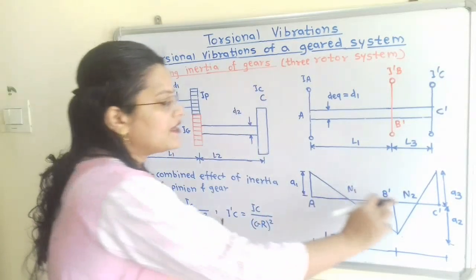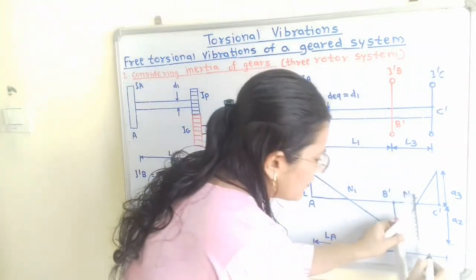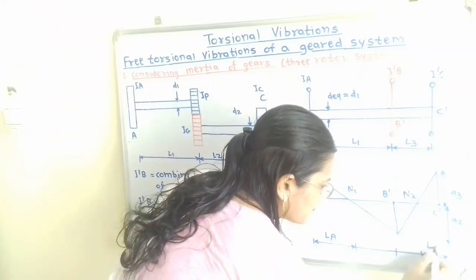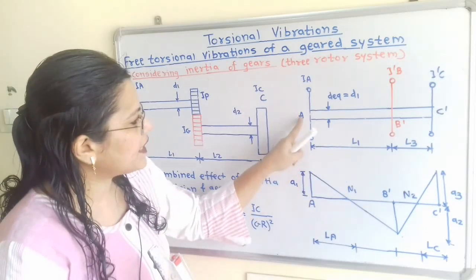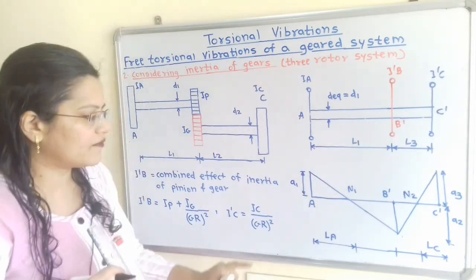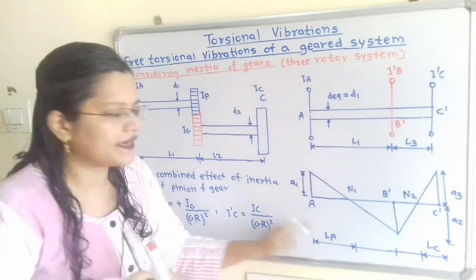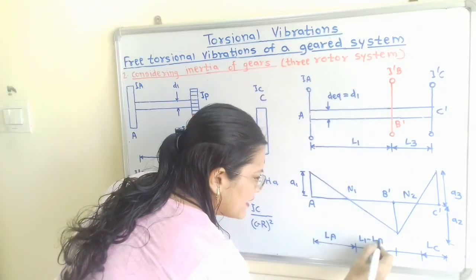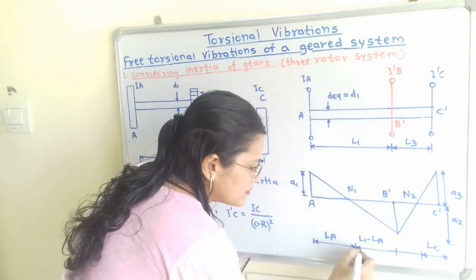In the same way, the distance of node point N2 from C dash, we will show here. This is known as LC. Now the distance between A and B dash is equal to L1. So the remaining distance is L1 minus LA, which is the distance of node point N1 from B dash.